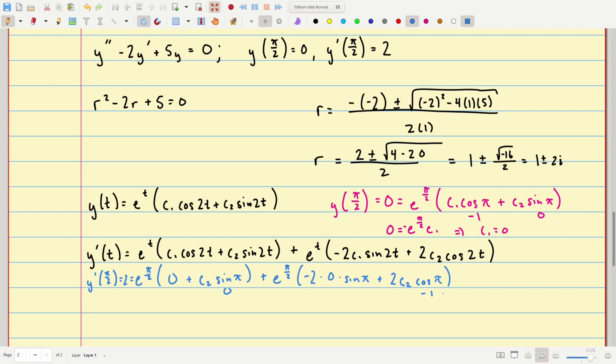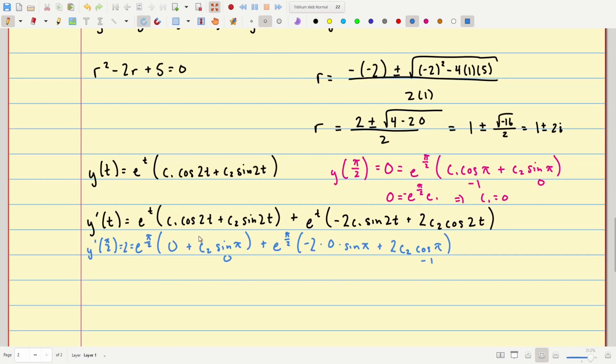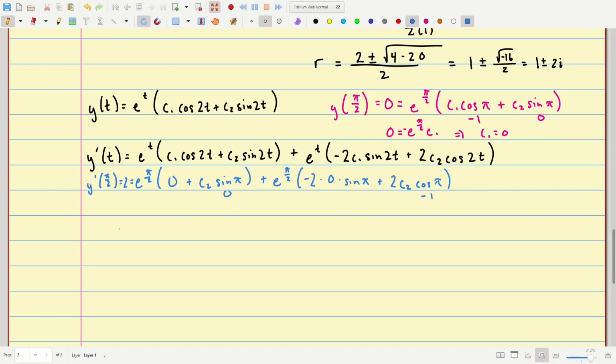All right. And so what we end up with here, scroll down for space, is that 2 is equal to e to the pi halves, and we have -2 here because of that, and then c2.